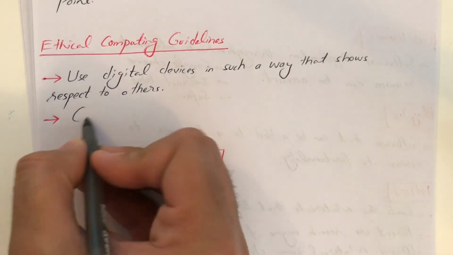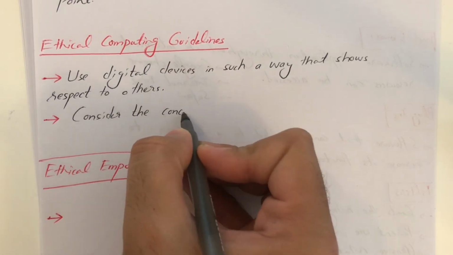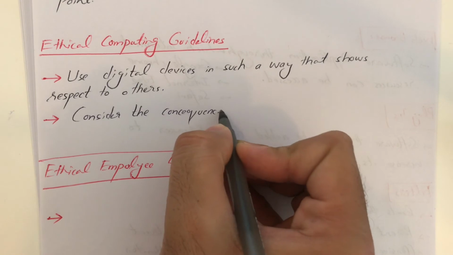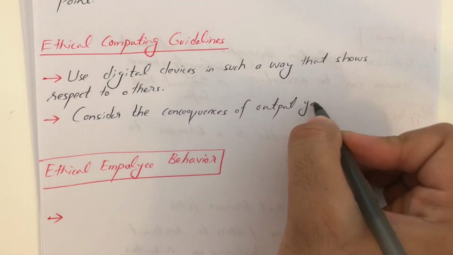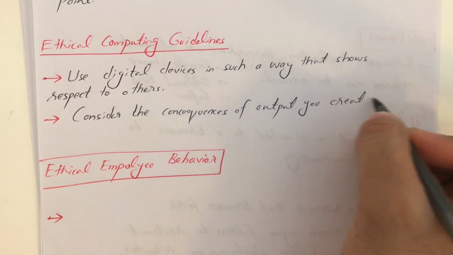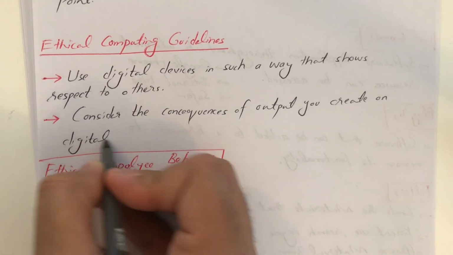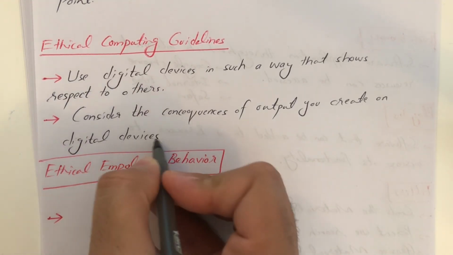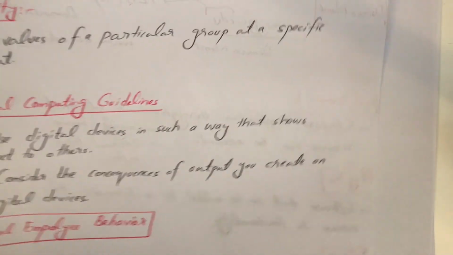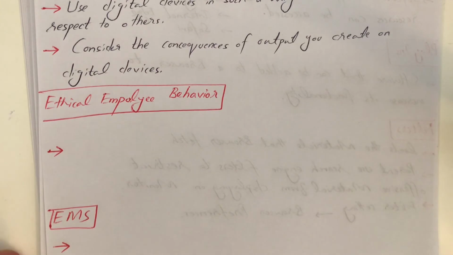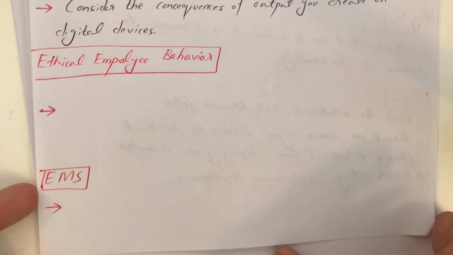Secondly, consider the consequences of output you create on digital devices. There are many other things that you have to take care of, like avoid plagiarism, don't copy someone else's stuff, etc. Don't do cyber harassment, that's a crime. These are the things you also need to take care of when you use internet.